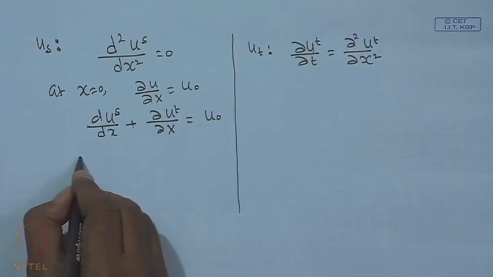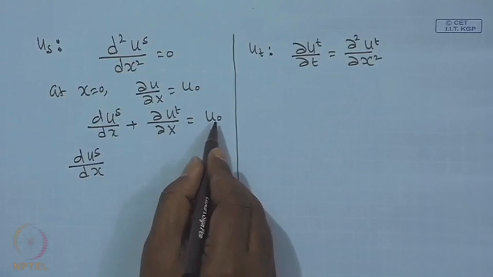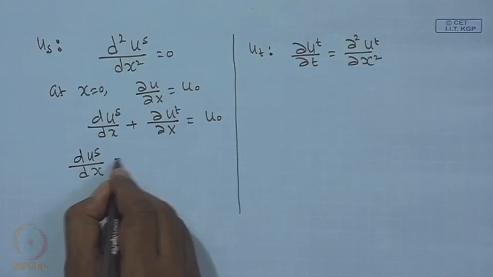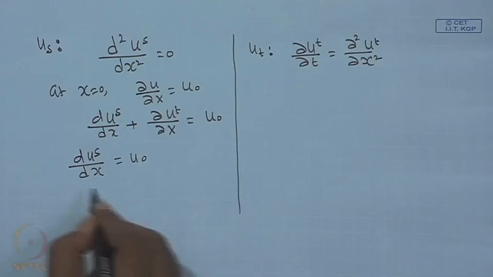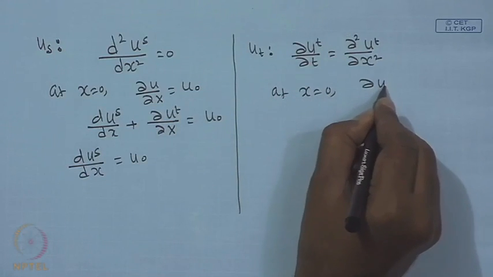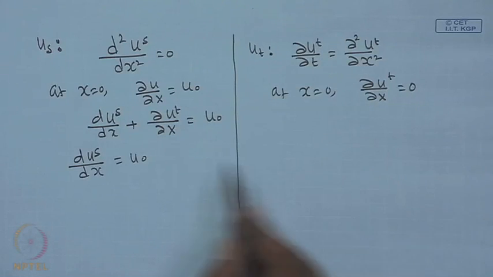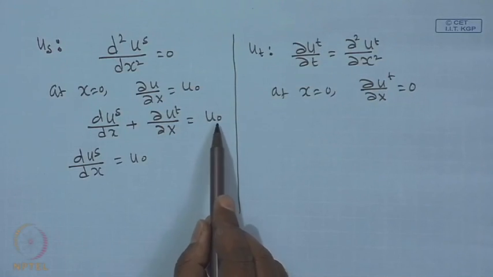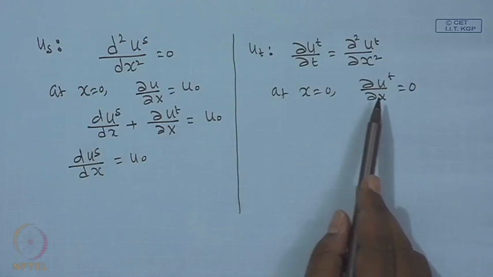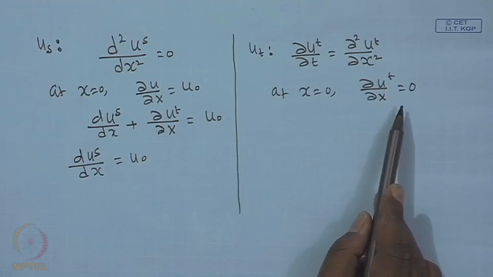We collect the similar terms and associate the non-homogeneous part to the steady state solution. So, it becomes d u s d x is equal to u naught at x is equal to 0, and at x is equal to 0, this becomes del u t del x is equal to 0. So, by associating the non-homogeneous term with the space varying part, the boundary condition at the same boundary of the time varying part becomes homogeneous.